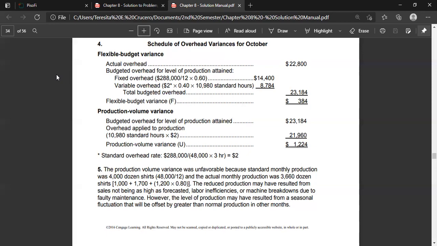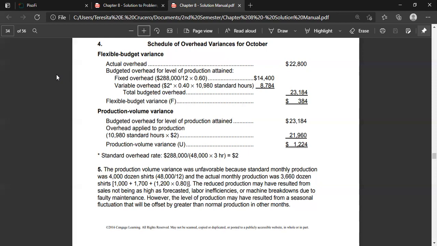And the actual monthly production was 3,600, that is 1,000 plus 1,700 plus 1,200 multiplied by 2. And the reduced production may have resulted from sales not being as high as forecasted, labor inefficiencies, or machine breakdowns due to faulty equipment.